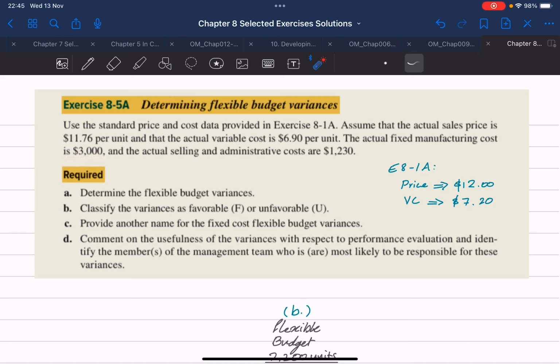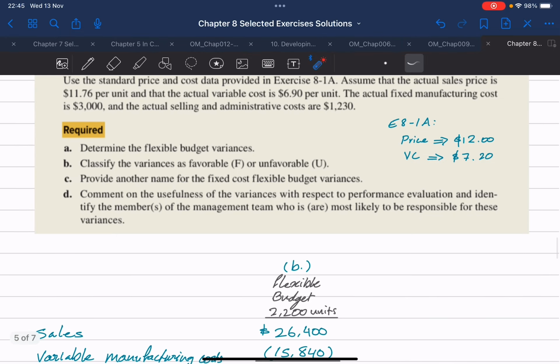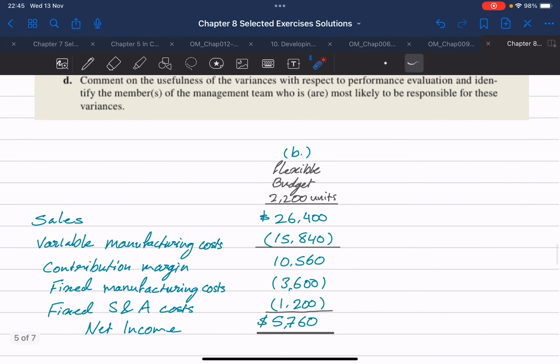It was 3,600, I remember, in the first exercise, and now it's only 3,000. And the actual selling and administrative cost as well changed. It was 1,200, and now it's increased to 1,230, right? So I copied the data from that exercise.